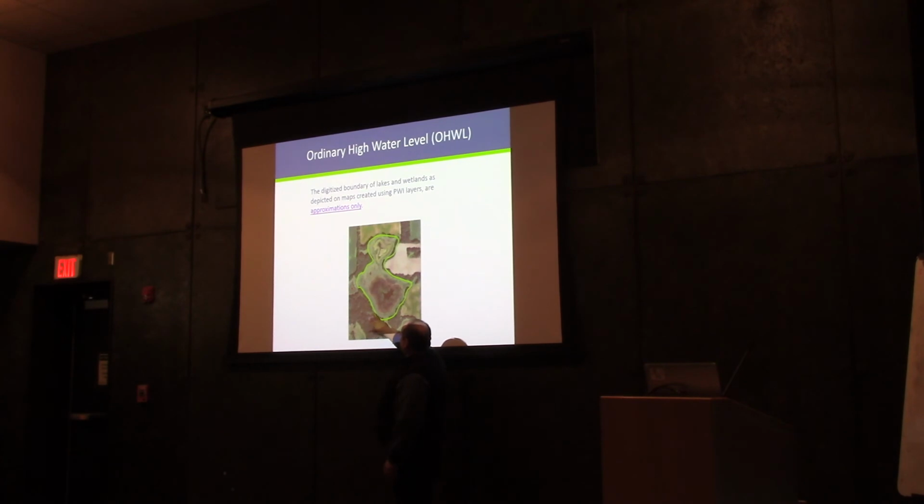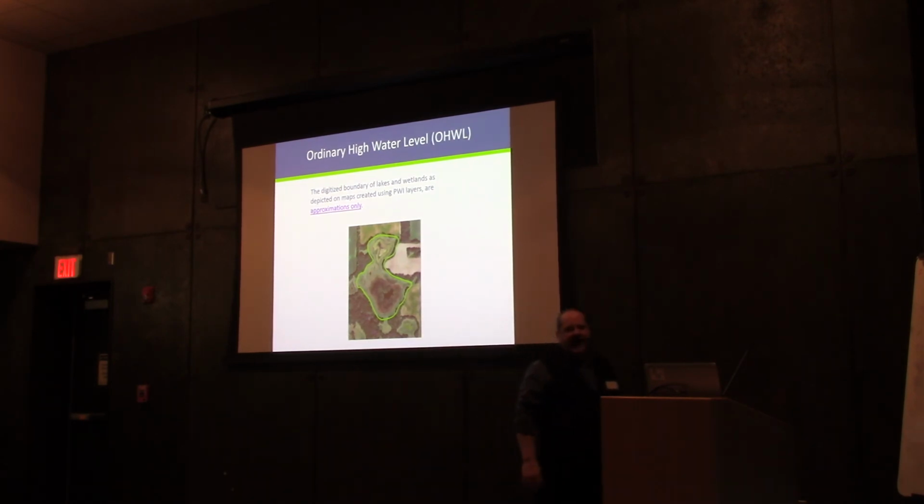Along here it looks pretty good. It might include the slope here, it probably does. Up in that northeast corner, it probably needs to be in a little bit. And any polygon you take, you can play that game with.